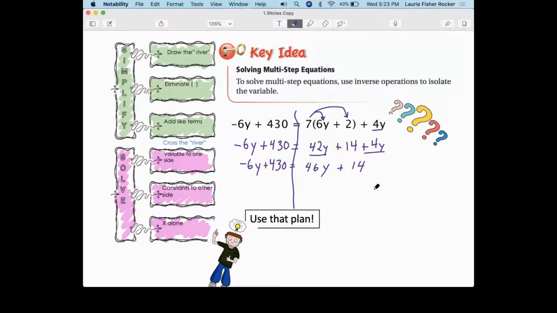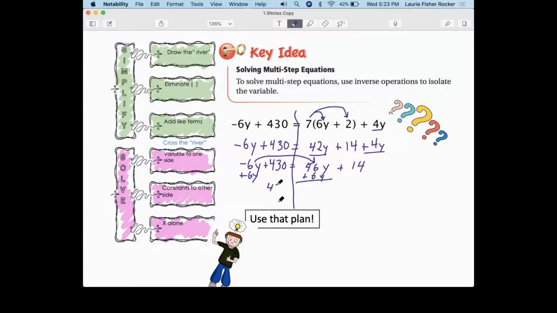I don't have y alone already on one side. What I do have are 46 positive y's on the right, and I have 6 negative y's on the left. I know that if I move these 6 negative y's to the right, plus 6y, and we're doing inverse operation because we're crossing the river, I'm going to end up with this overly positive number.